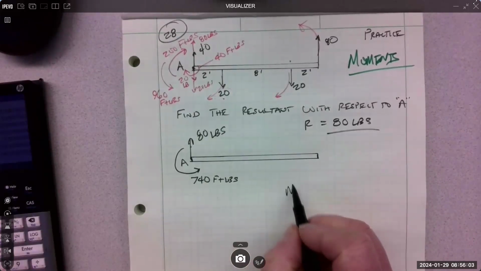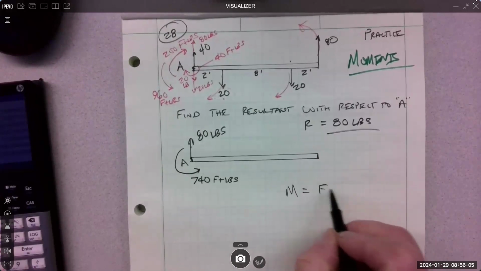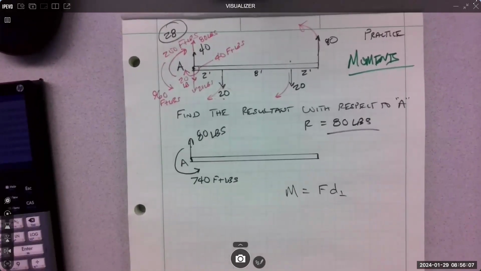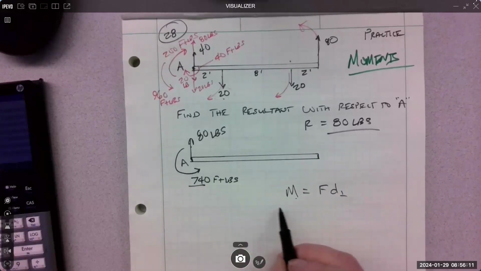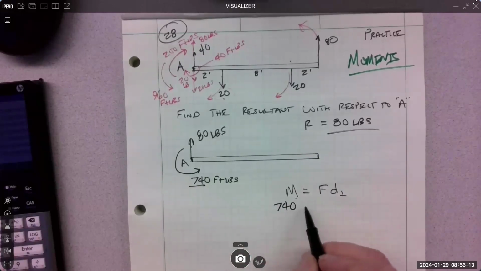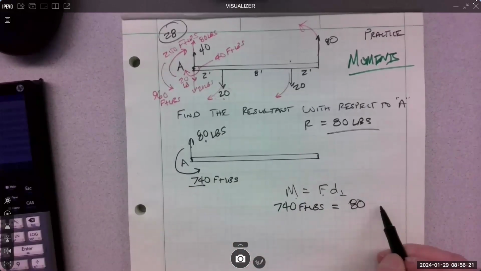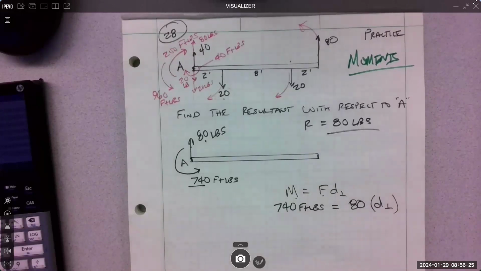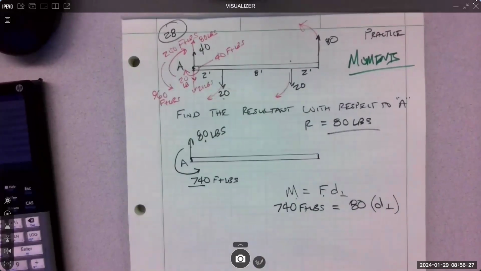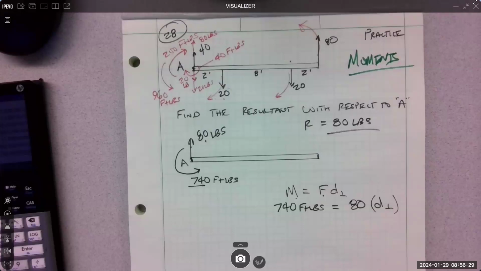Because what's a moment equal? Force times distance, right? And what's my moment? 740. And what's my force? 80. And what's my perpendicular distance? I don't know. In other words, I don't know where the resultant is. It's out on the beam somewhere.